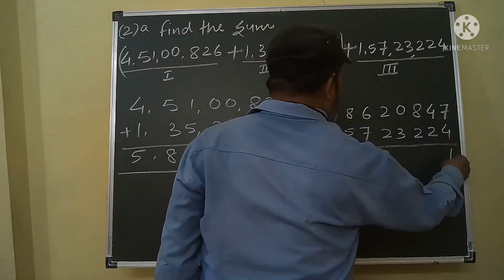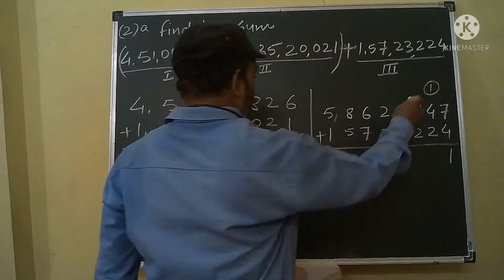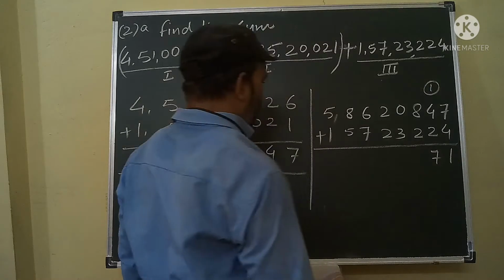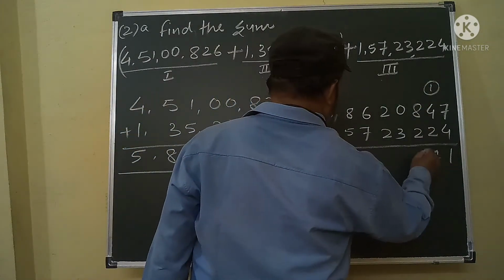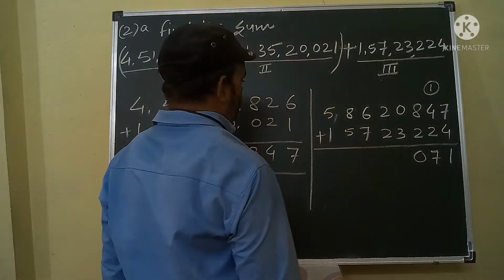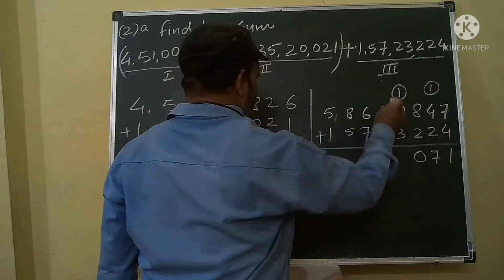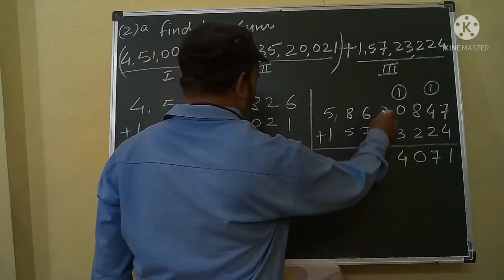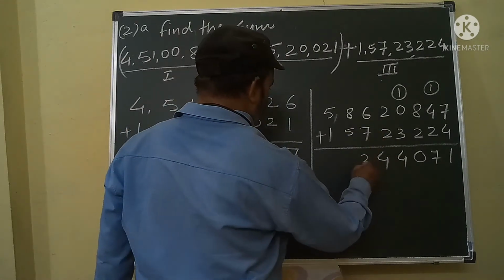7 plus 4, 11. This is 1. Carry over is 1. 1 plus 4, 5. 5 plus 2, 7. 8 plus 2, 10. This is 0. Carry over is 1. 1 plus 0, 1. 1 plus 3, 4. 2 plus 2, 4. 6 plus 7, 13.